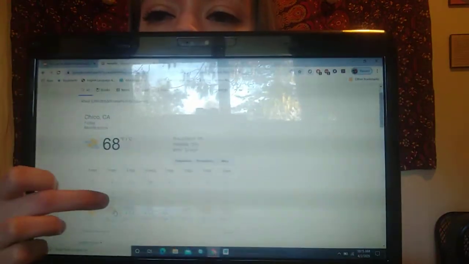And then I'm going to go ahead and click on Friday and make sure that there is a box around Friday right here. And on the bottom left corner, it says it's going to be a high of 68 degrees, very similar temperatures. Really quickly, what degree difference is there?